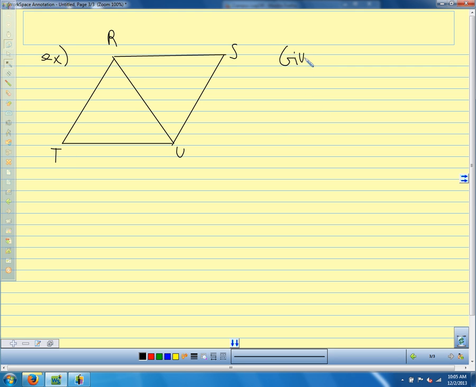And we're given that segment RS is congruent to segment UT. So let's mark that. And we're also given that segment RT is congruent to segment SU. So we'll mark that. Now we want to prove that angle T is congruent to angle S.